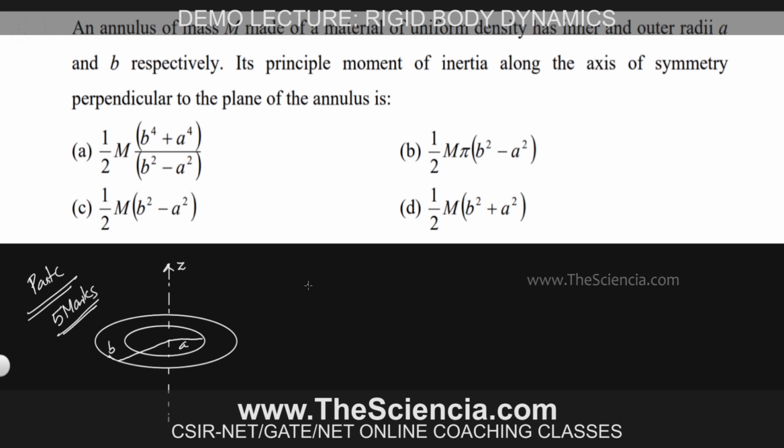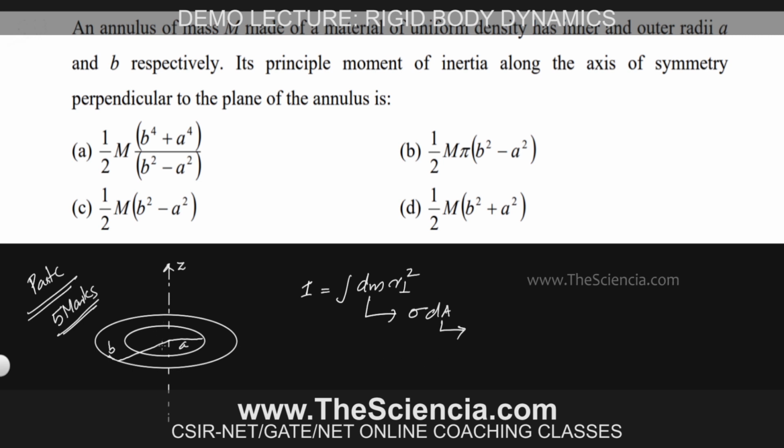How do we solve it? We know moment of inertia I is equal to integral dm r perpendicular square. Here dm is equal to sigma dA. And what is dA?